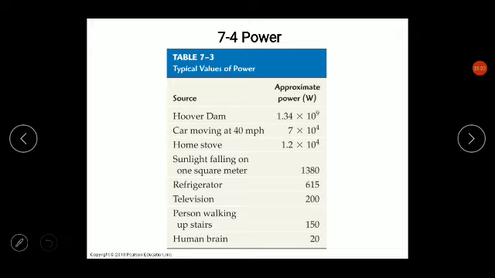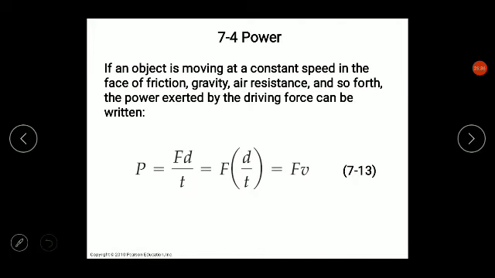Then you have here the sources, typical values of power. You have here the human brain, so you have 20 watts. The human brain basically has lower power values. Then the power of an object moving at constant velocity is equivalent to F times velocity. If we imagine an engine or say a car, the force actually comes from the engine, then its velocity.